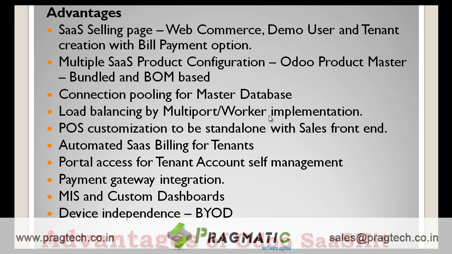Load balancing is another important point. We've got a multi-port or multi-worker implementation, which senses the incoming connections and manages where it should pick up the data. We also have a master slave configuration, where one is the lookup database and another is the transactional database.